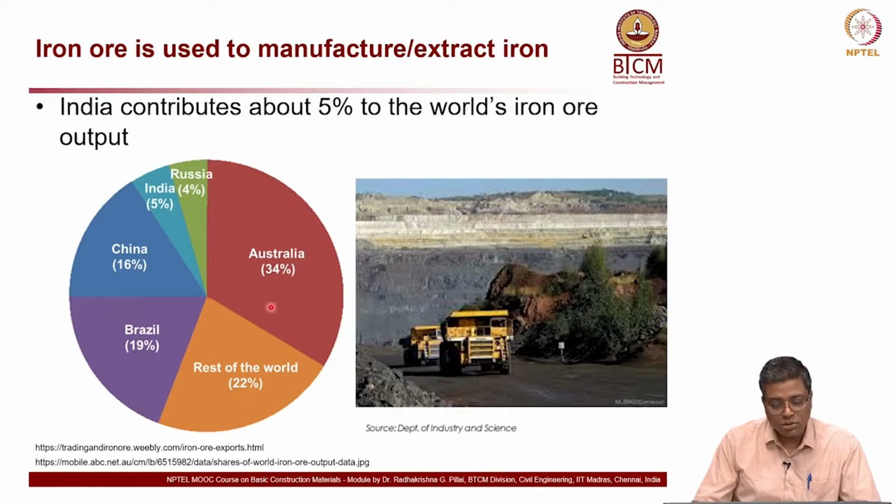Australia plays a major role, about 35%, and India is about 5% of the total iron ore supplied in the world. So, we are not a small player; we definitely have a significant stake in this.